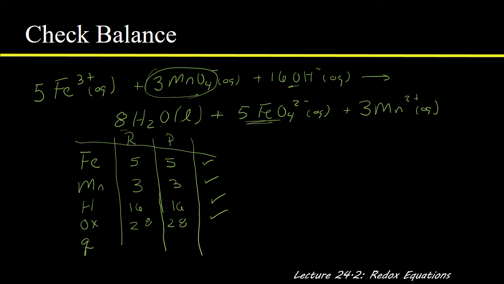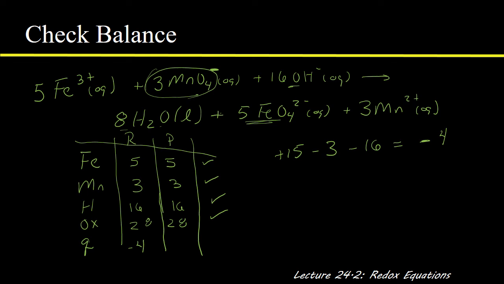Okay. The charges. On the left-hand side, we got 5 of the iron 3 pluses, that's plus 15. We've got 3 of the permanganates, that's minus 3, and 16 hydroxides, that's minus 16. That whole thing comes out to negative 4.